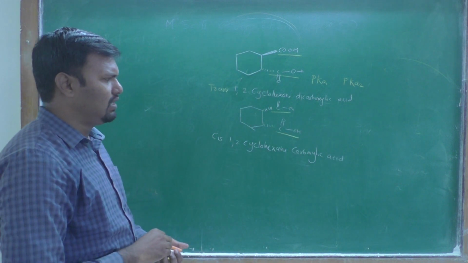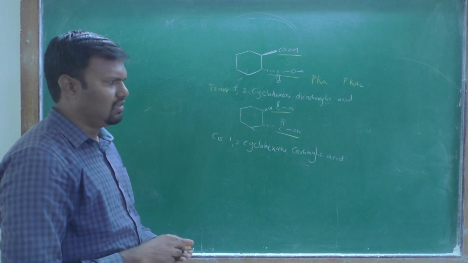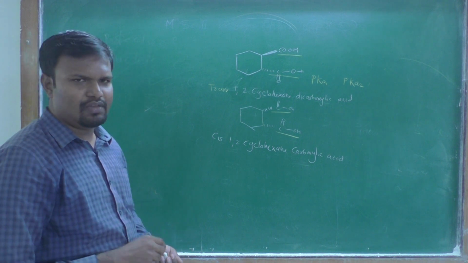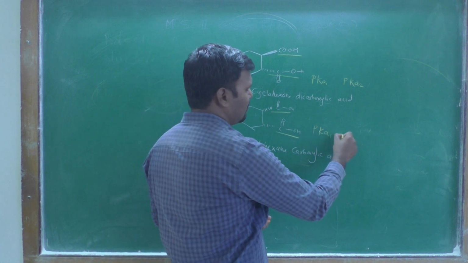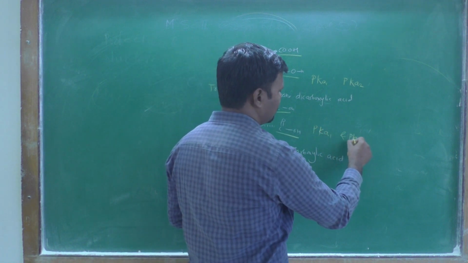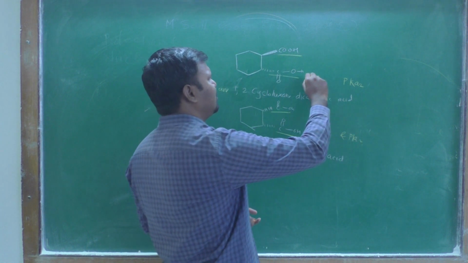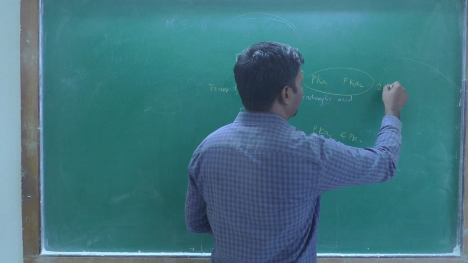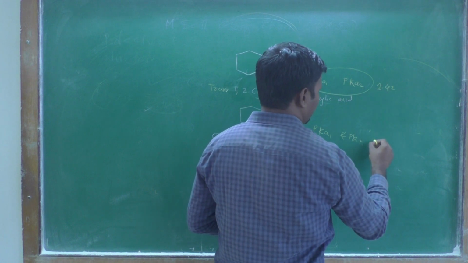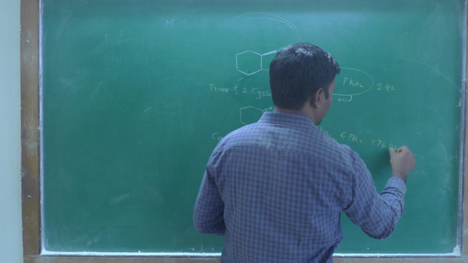Therefore, firstly it is clear that there should be two pKa values. The difference between these two pKa's for the cis isomer is 2.42, and for the trans isomer it is 1.75.